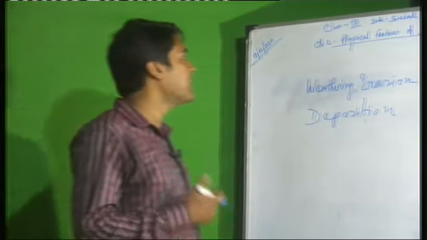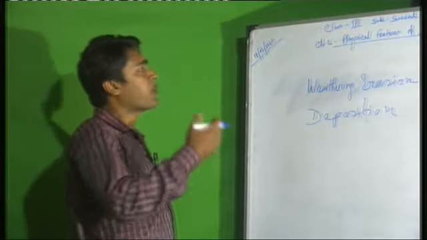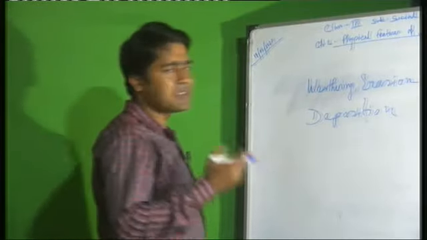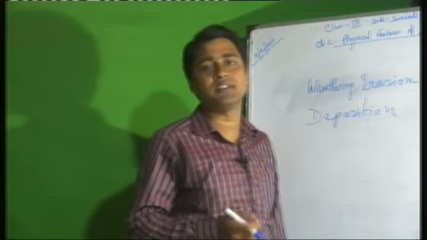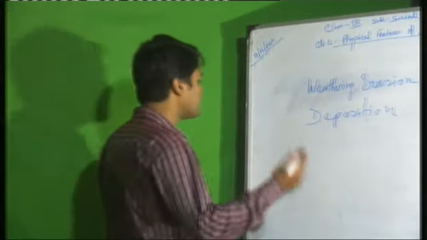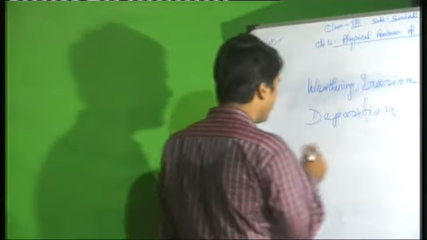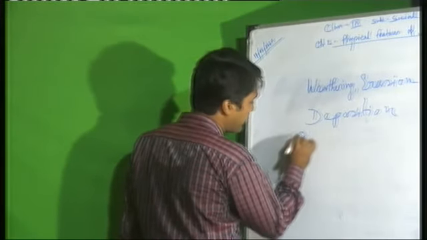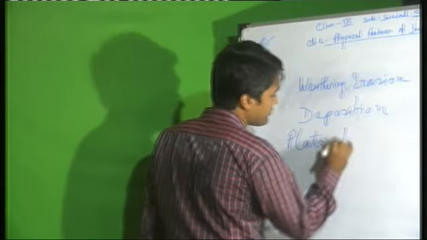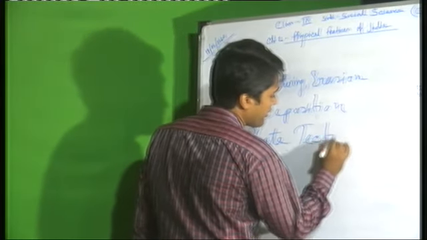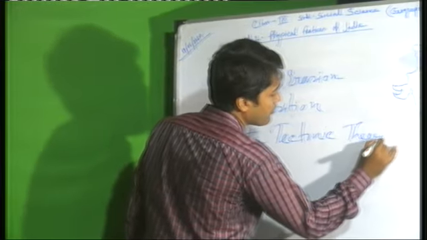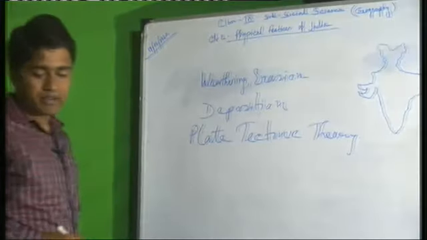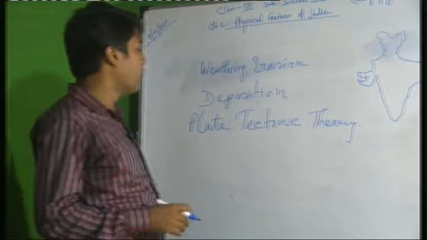That's why scientists have explained the formation of India's landmass as well as different types of physical features with the help of different theories. Among them, very important is the plate tectonic theory. Plate tectonic theory is also very important.